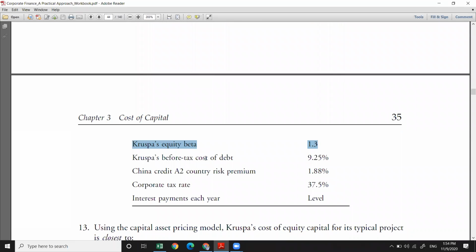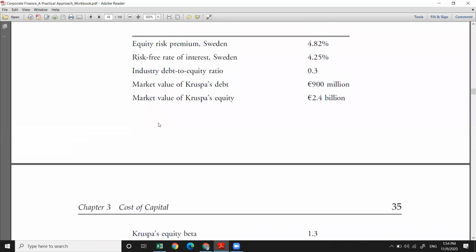And the market premium, interest payment by year, corporate tax rate, country risk premium. We don't consider the country risk premium. We are just using the CAPM without it. And the equity risk premium is here.